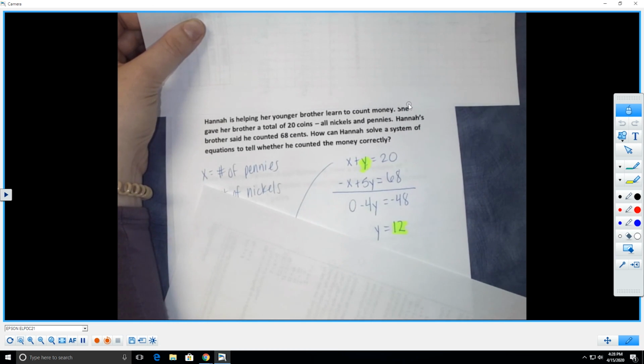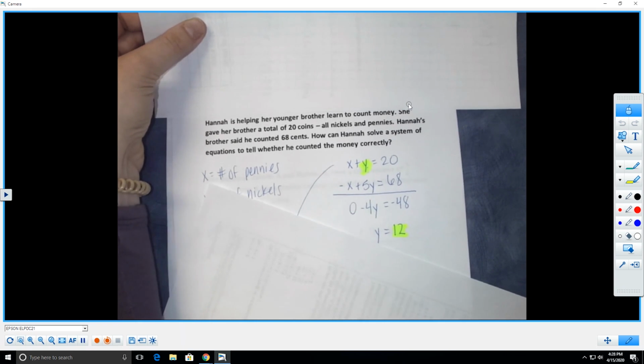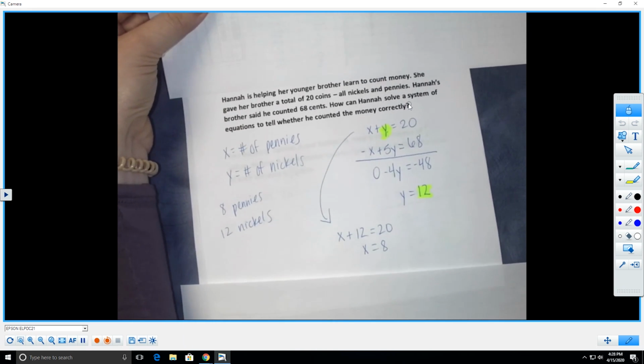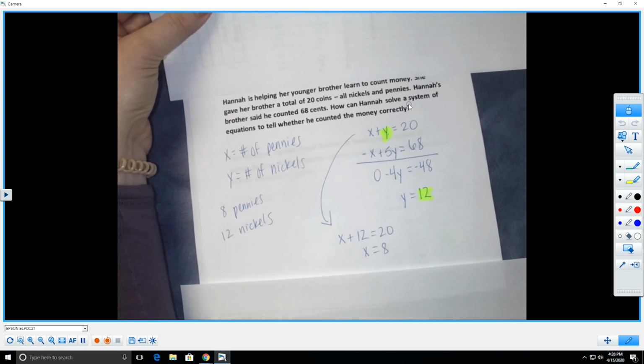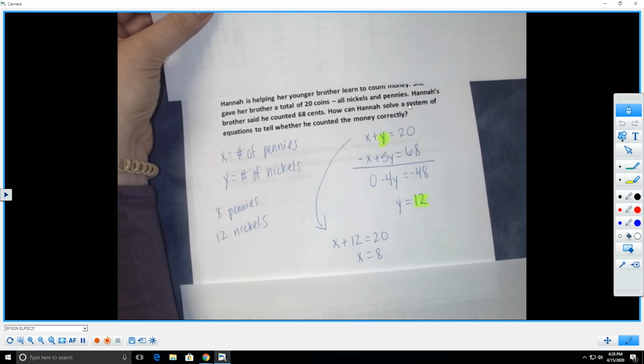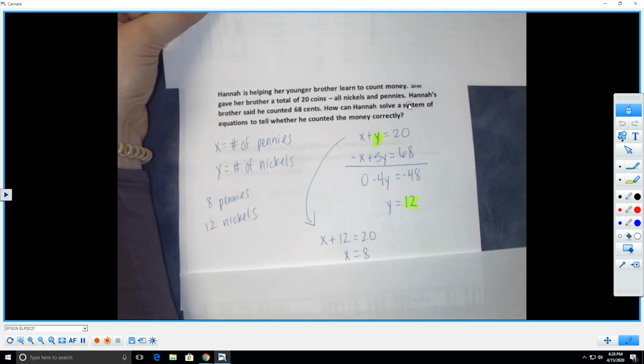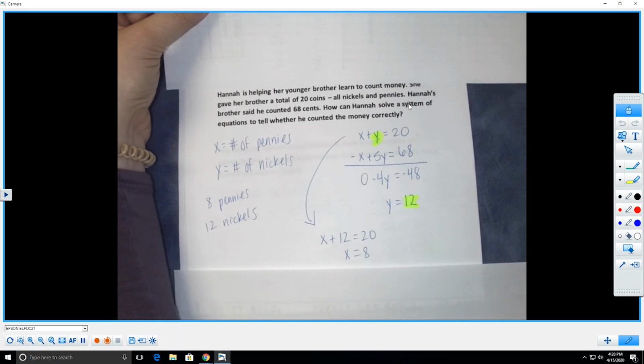So now what I'm going to do is plug in this value and solve for x. So if Hannah gave her brother 8 pennies and 12 nickels, then he definitely counted correctly.